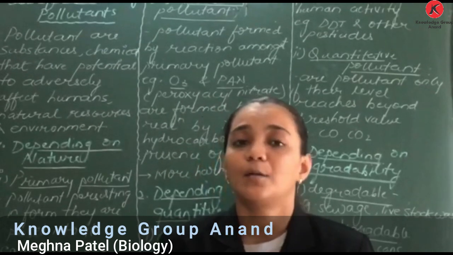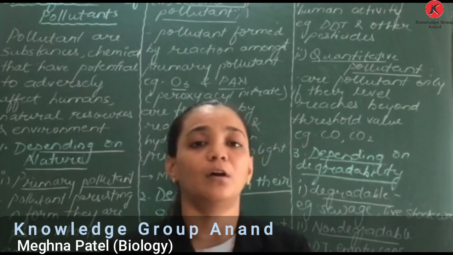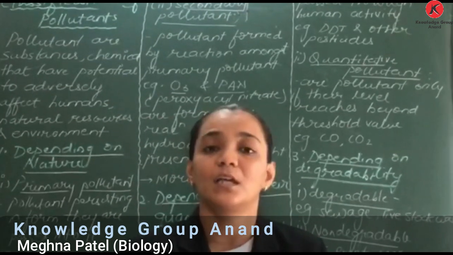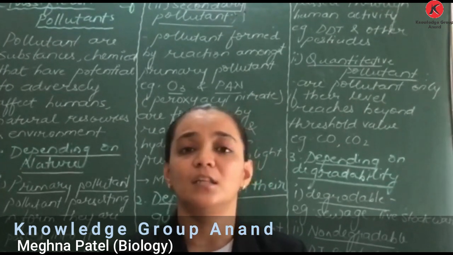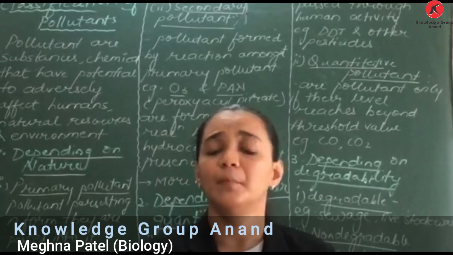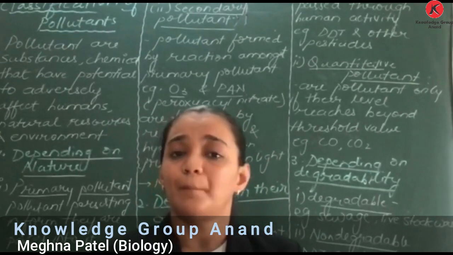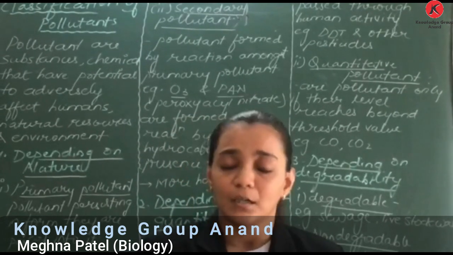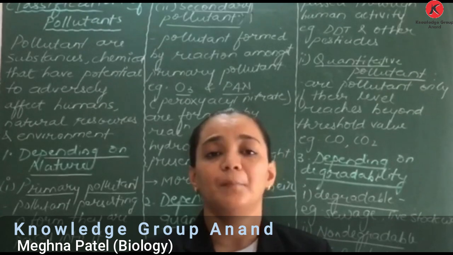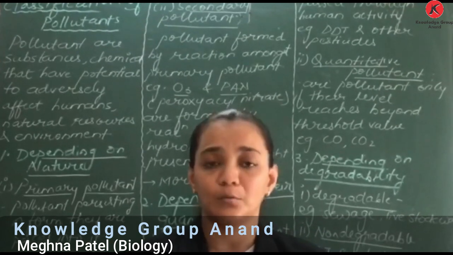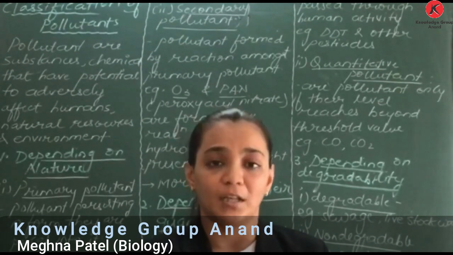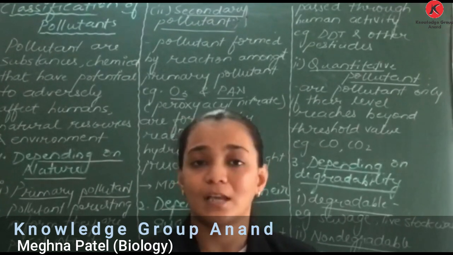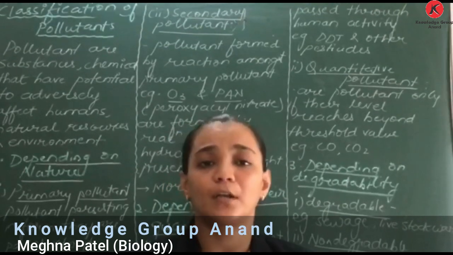So we have discussed what pollution is and what a pollutant is. We also said that pollution can be either natural or anthropogenic. Some pollution, like volcanic eruptions, dust in the air, or methane gas released in the paddy fields, are examples of natural pollution. But most of the pollution in our surroundings is anthropogenic, in which automobiles and vehicular exhaust play a very important role.